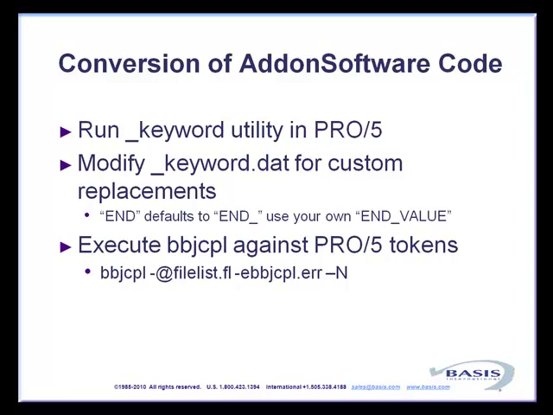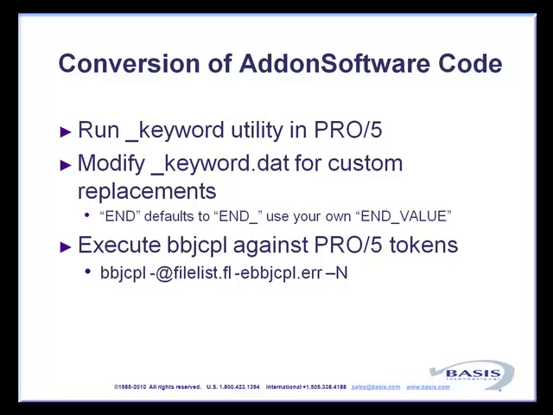And the option that I've listed here is to specify a file list with the @ sign and the -e option for error output to be sent to a log file. And we've named that log file bbjcpl.err. And we've also used the switch -N that will actually suppress changing of any tokenized code.